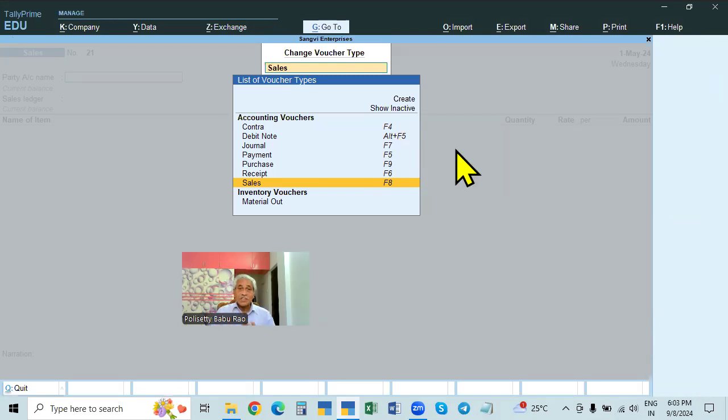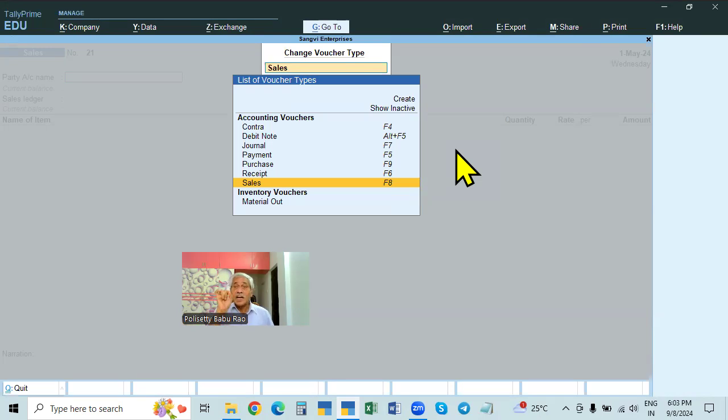For sales returns, we have to enter the credit note voucher, because when you sell goods to the customer, the customer account is debited and the sales account is credited. Now when he returns the goods, sending the goods to us, he is the giver, so his account is to be credited. So it is called that.